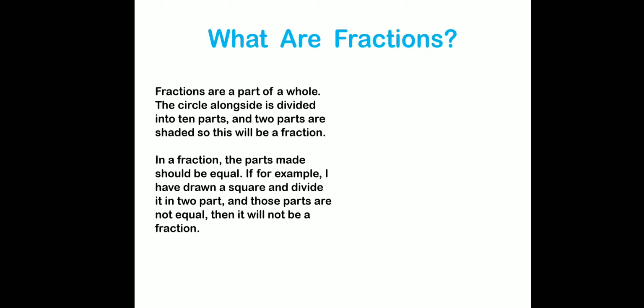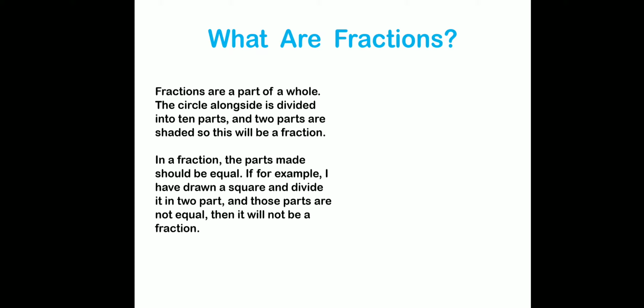In a fraction, the parts made should be equal. So friends, it means for example, if I take a triangle and divide it into 2 parts, and the 2 parts are not even equal, then what type of fraction can we call it? Nothing, right? So that is what the sentence means.